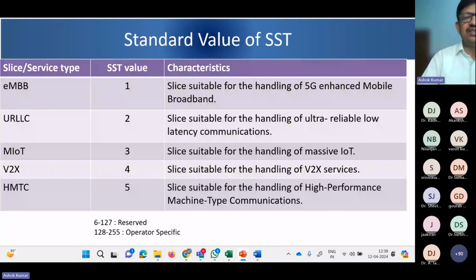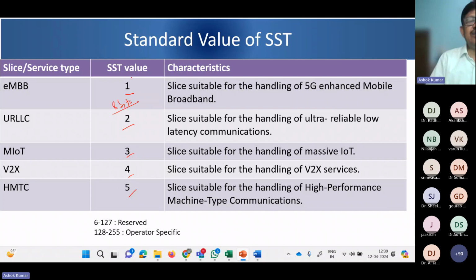Okay. So what are those standard values which 3GPP has given? I said that only 8 bits of information is required. Although I have written it as a number, SST value 1, 2, 3, 4, 5, all the values will be represented with 8 bits.